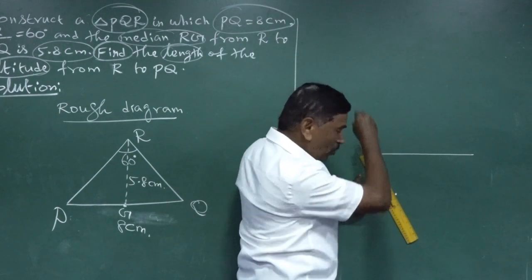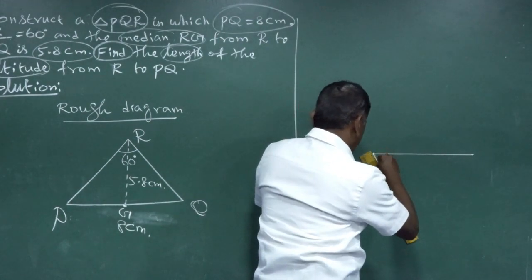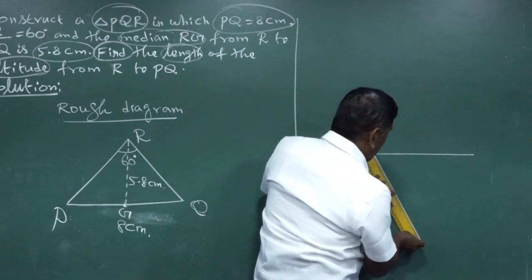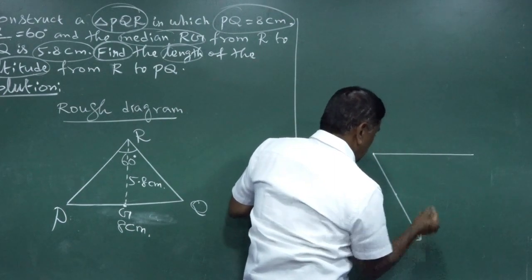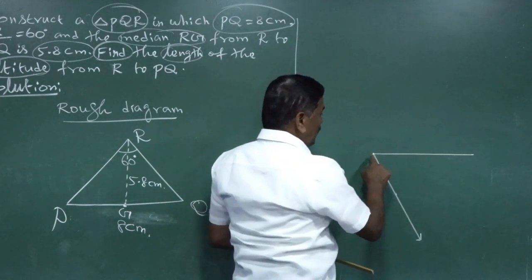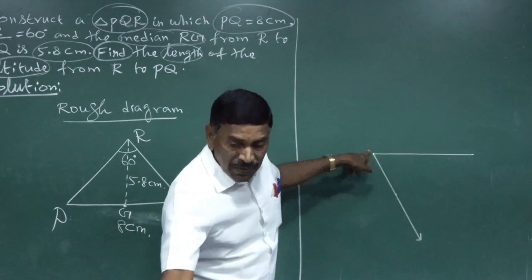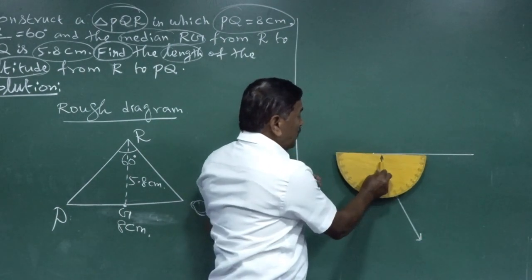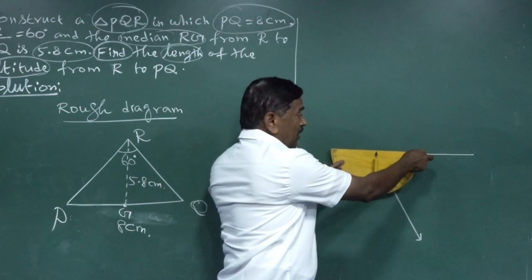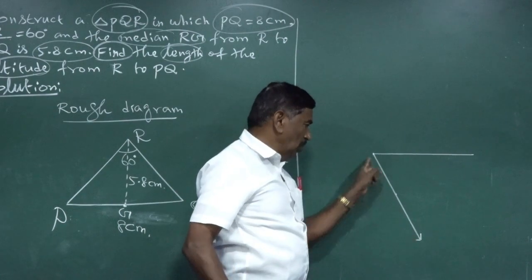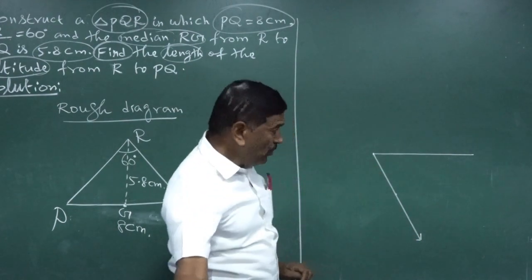Now draw a long line. For our convenience, draw an arrow. Listen again. P as a center. Keep the protractor downwards and count from the right side 0 to 60 degree. Join, and draw a long arrow.